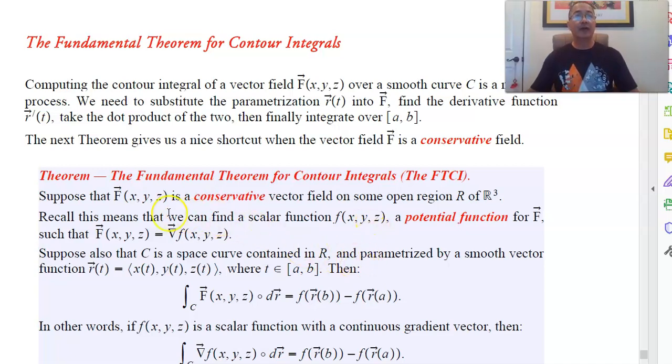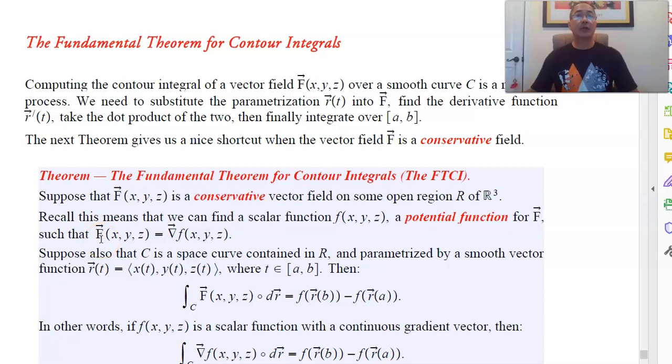So you have to be given a conservative vector field, capital F. That means that we will be able to find a scalar function, little f of x, y, z, so that the gradient of little f is our given vector field.